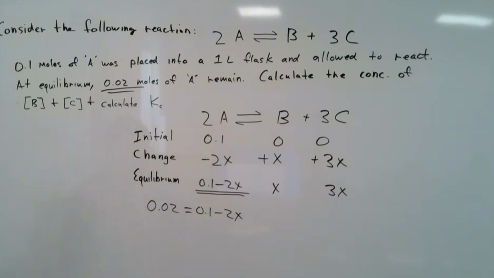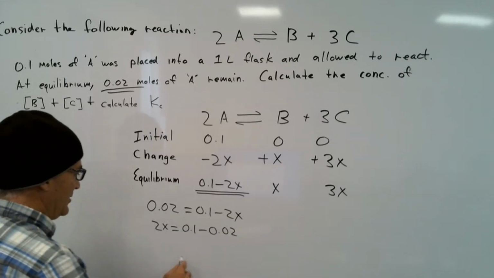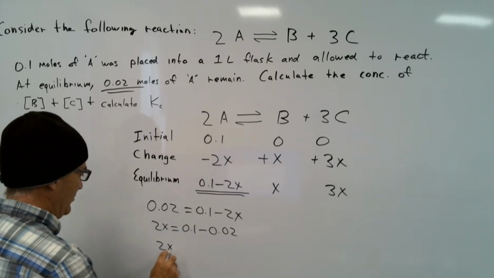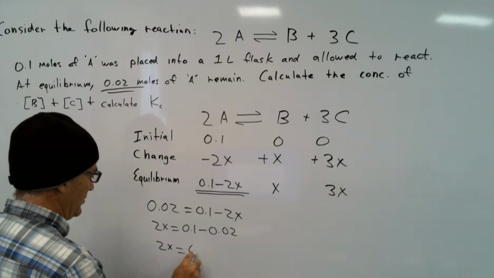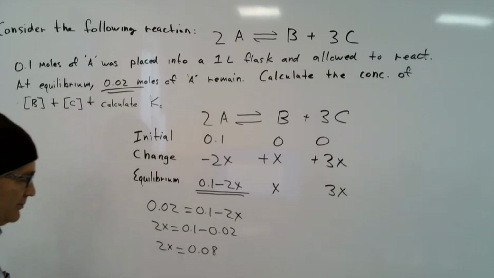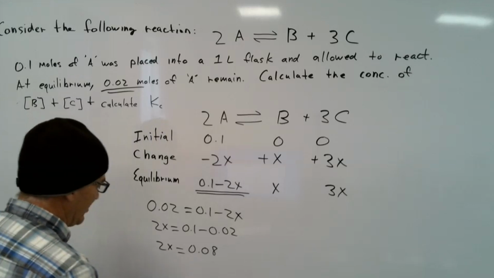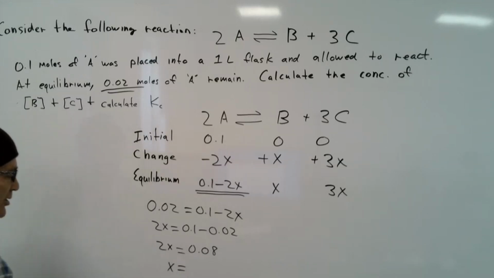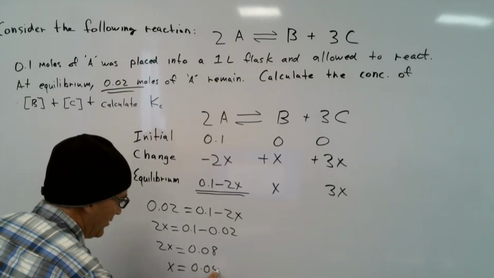Now what do I get to do? I get to solve for X. So far, so good? All right, now I'm going to divide both sides by 2. So what's half of 0.08? 0.04.